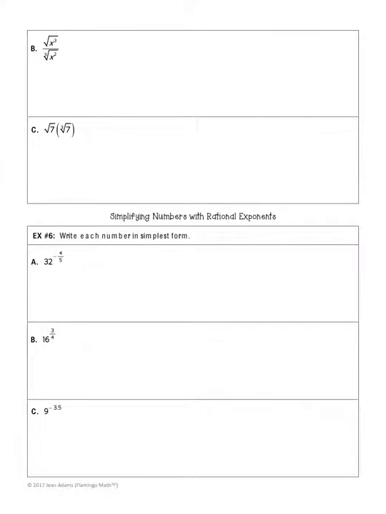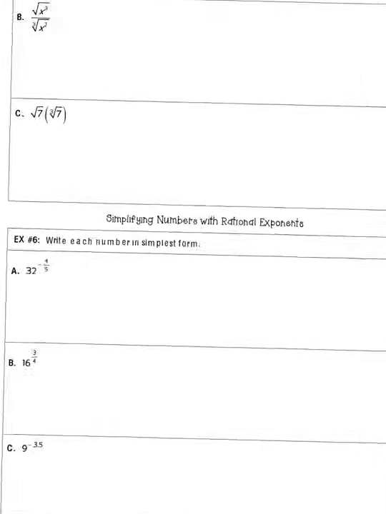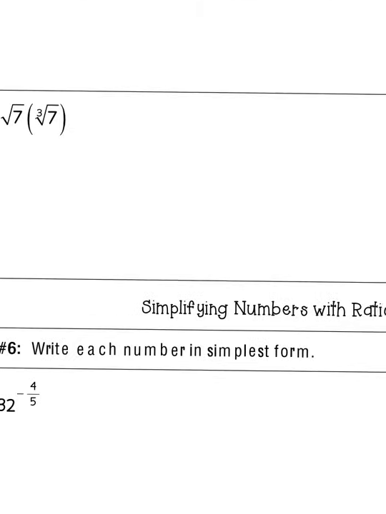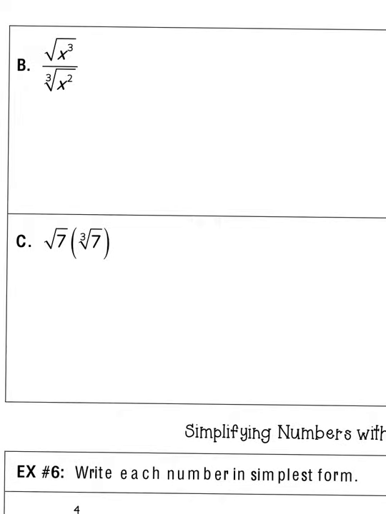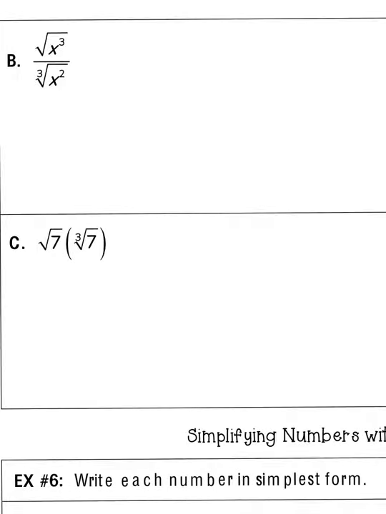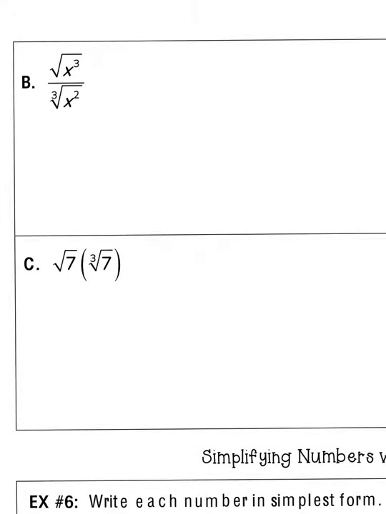All right, so for part B, now we're dividing like bases, but we don't have radicals. So again, let me make this big and straighten it. Good enough for government work. Okay, so again, I'm going to convert this to its exponential form and this to its exponential form.